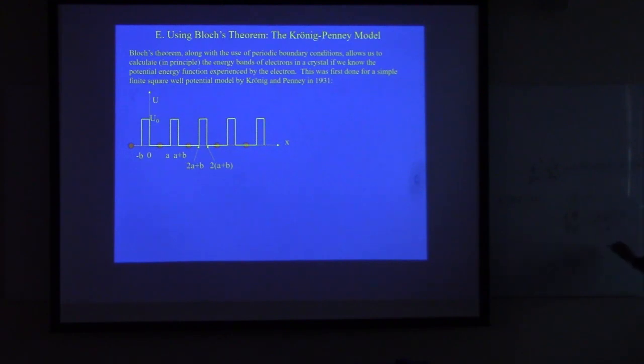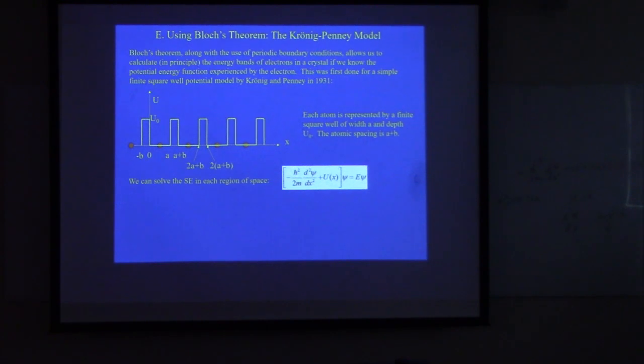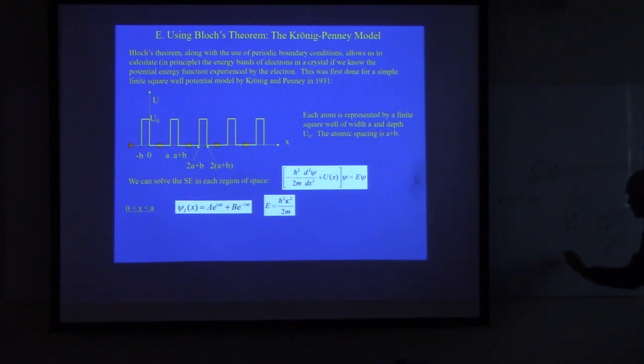We call this part kappa squared. Then d squared psi over dx squared equals minus kappa squared psi.